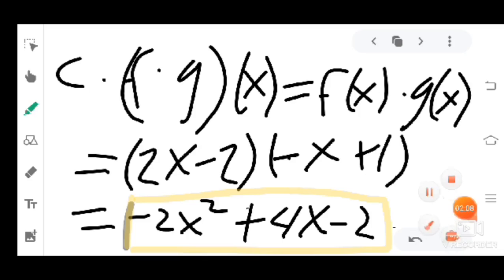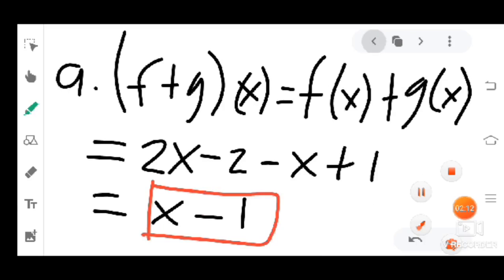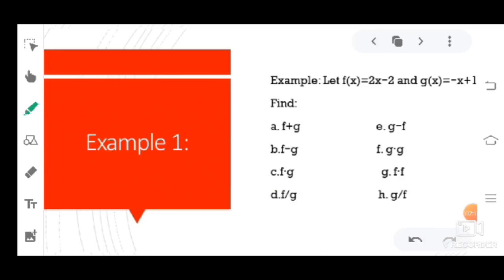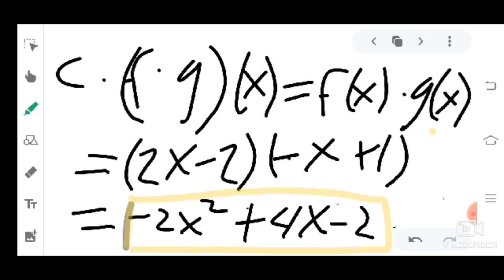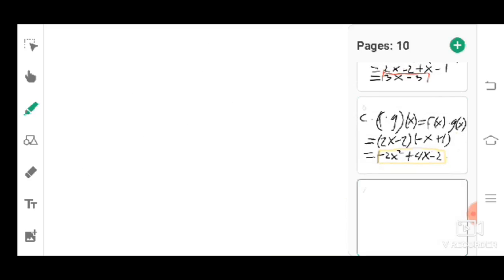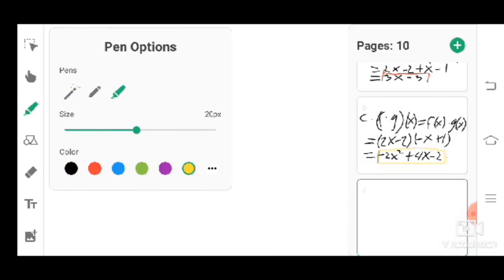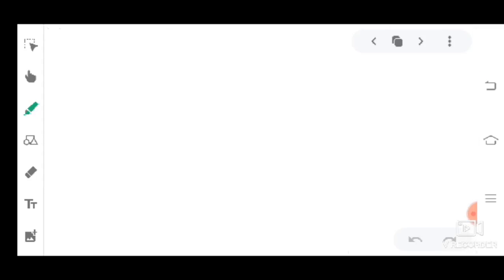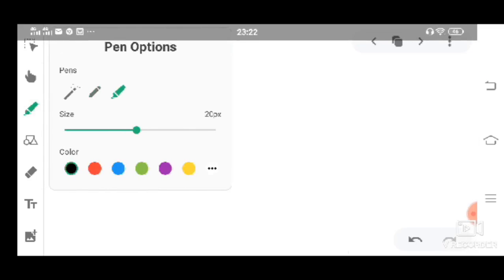So let's proceed to letter D. The given in letter D is f over g. So let us add one more slide.